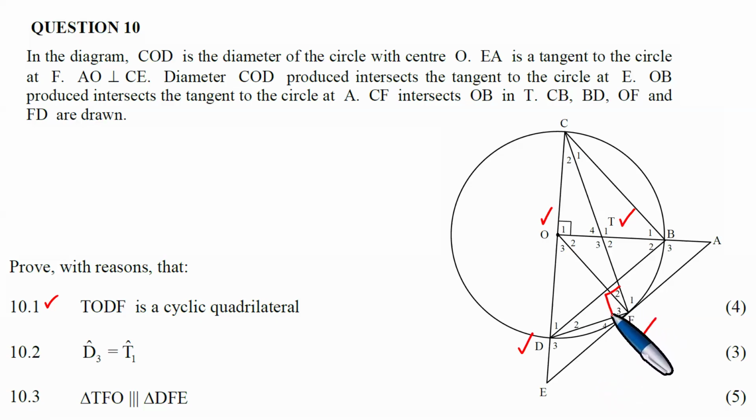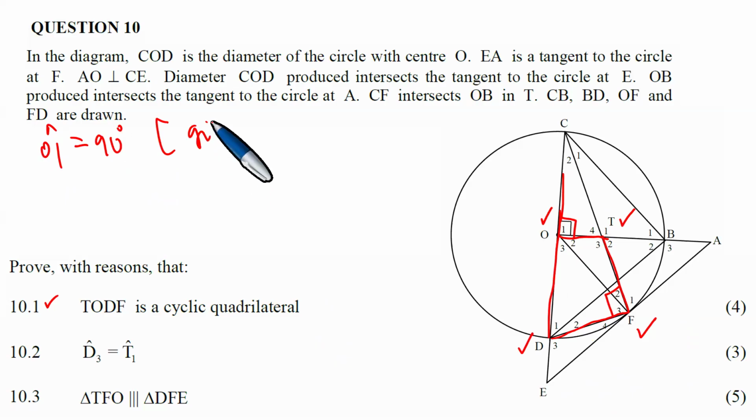We'll have to show that this angle is also 90. If this angle is 90 and that angle is 90, then we're done. I'm going to start by saying the angle O1 equals 90 degrees, given.